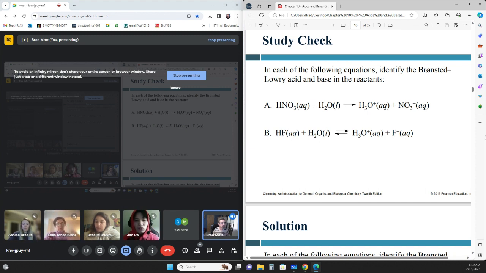Okay, so we have 1, 2, 3 hydrogens on the left, 3 on the right, 1, 2, 3, 4 oxygens, 1, 2, 3, 4 oxygens, 1 nitrogen and 1 nitrogen. So we have a balanced equation. Okay, so is the nitric acid the acid or the base here on the left?